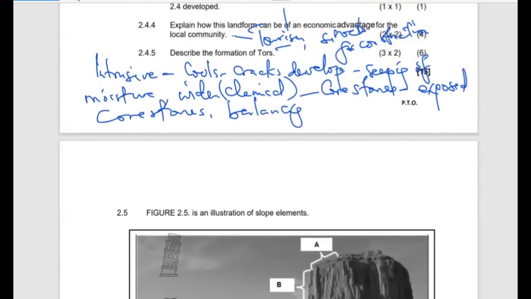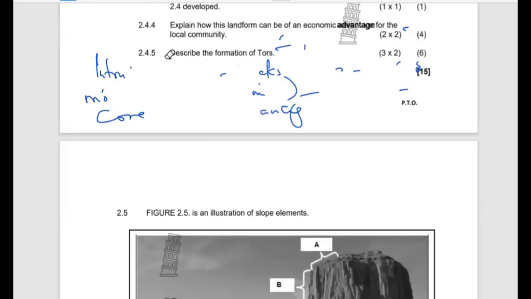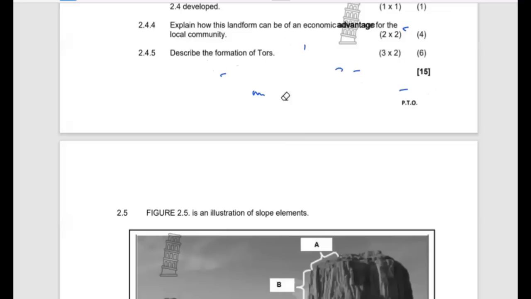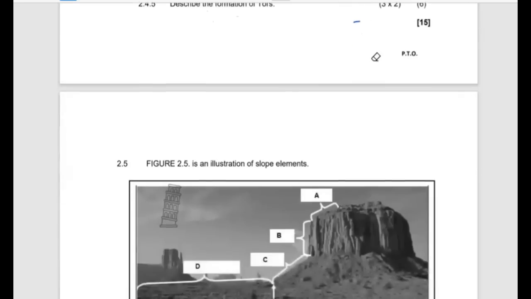The next question is an illustration on slope elements. We are analyzing slope elements. Right, on slope elements, what we need to check there is to try and figure out how we can analyze the different elements of a slope according to the illustration that we have.